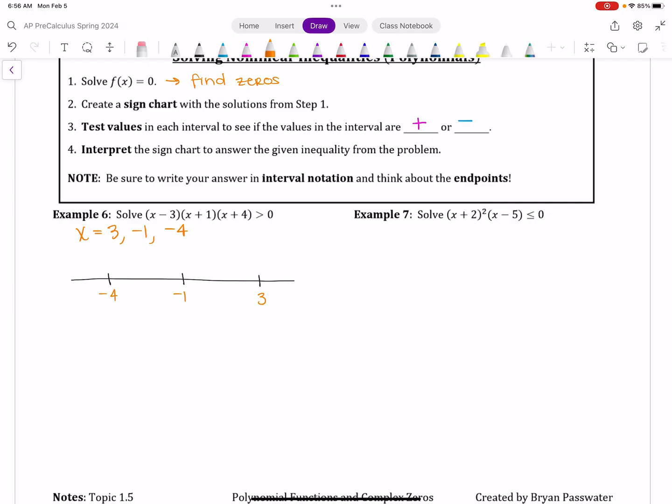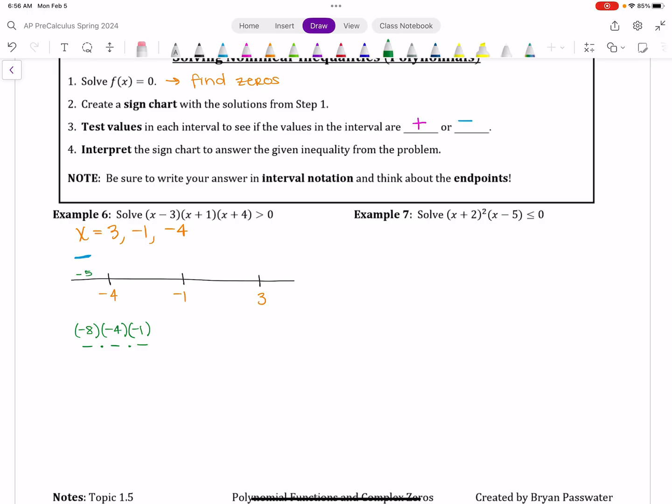So if we first look at, say, negative 5, negative 5 minus 3 would be negative 8. Negative 5 plus 1 would be negative 4. Negative 5 plus 4 would be negative 1, and a negative times a negative times a negative would end up being negative on that first interval.